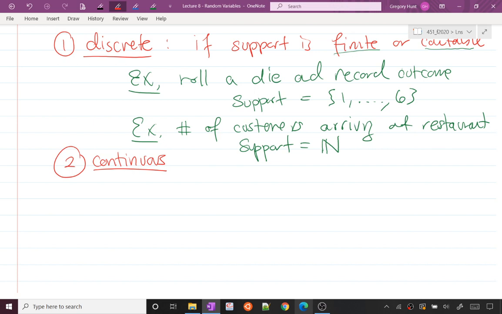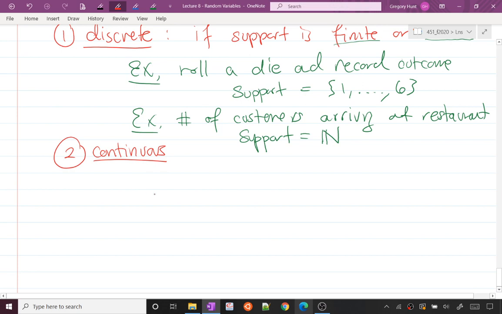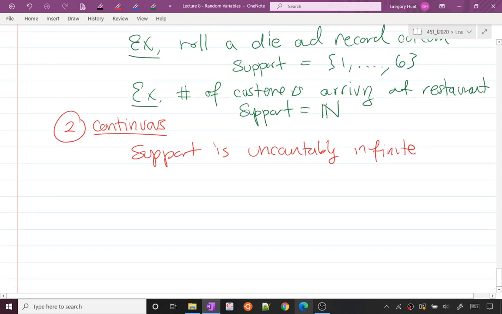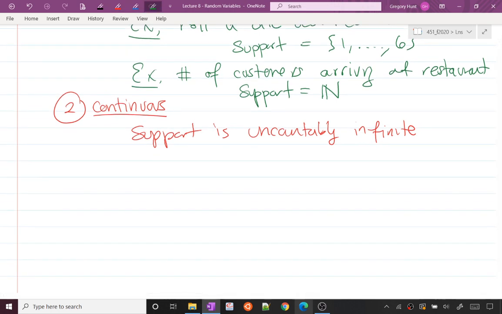We call them discrete. A continuous random variable is basically one where the support is uncountable. Again, that's a really heuristic rule of thumb, not particularly formal, but it's how you think about it.